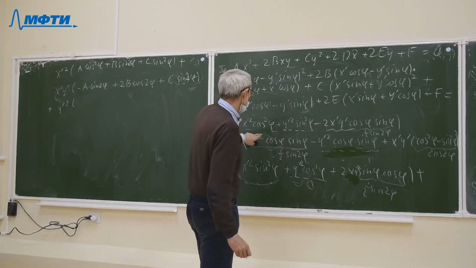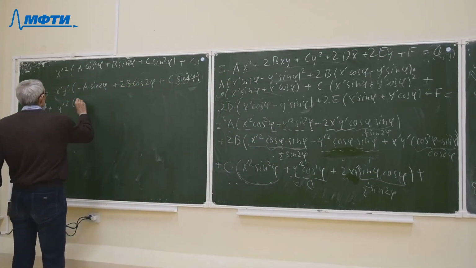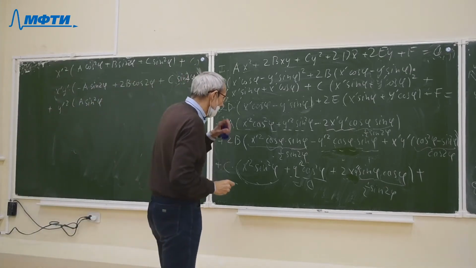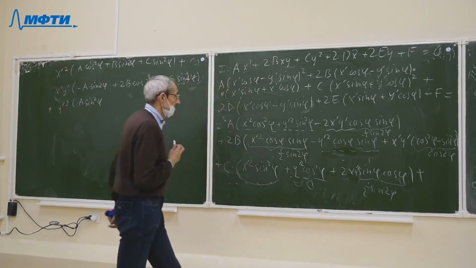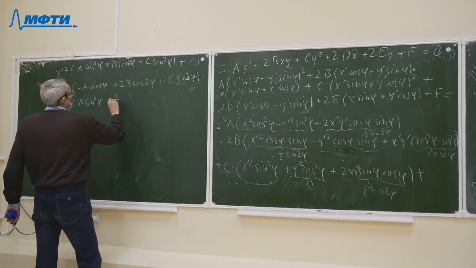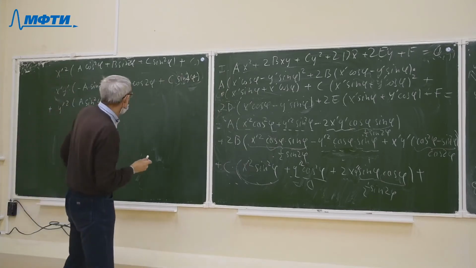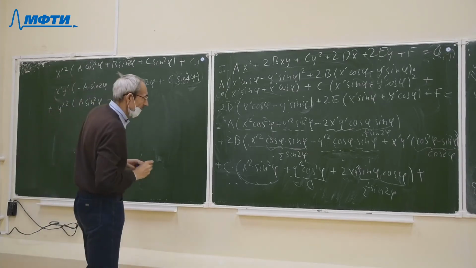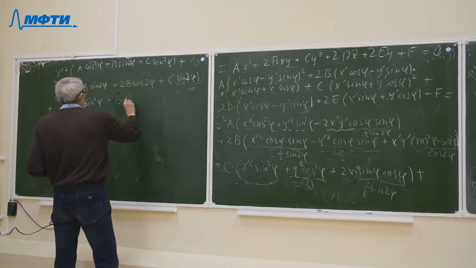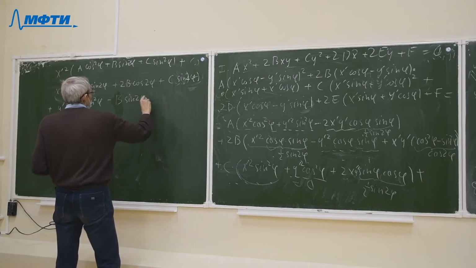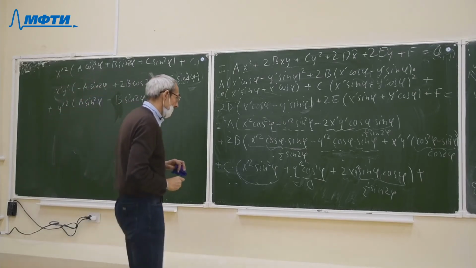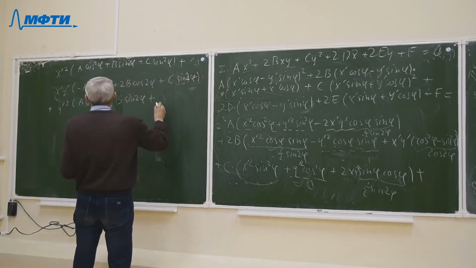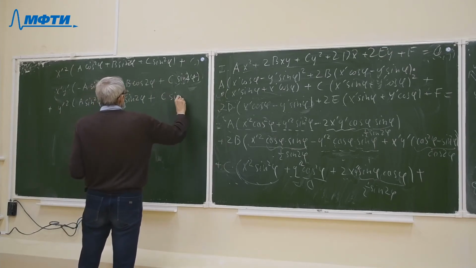First, a sine square phi. This term. Minus b sine 2 phi plus c sine phi, c sine 2 phi.